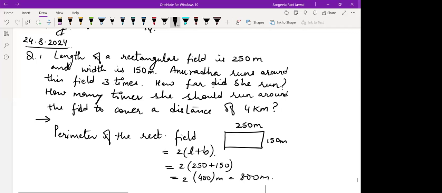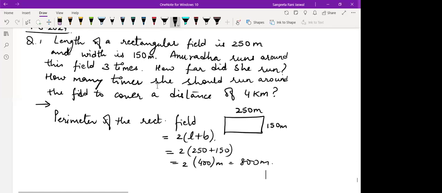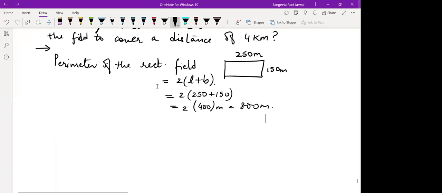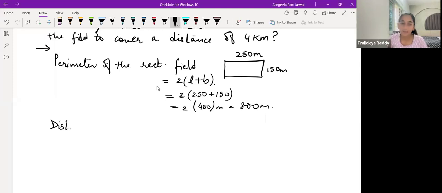Now, what we are asked to do: Anuradha runs around the field 3 times. So, if she has taken 3 rounds of this field, that means how much distance will she cover? Yes, Trilokya, tell me how much distance will she cover in 3 rounds? Ma'am, we should multiply perimeter by 3.